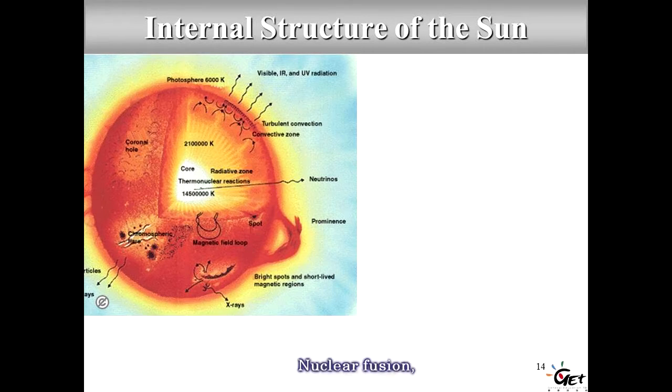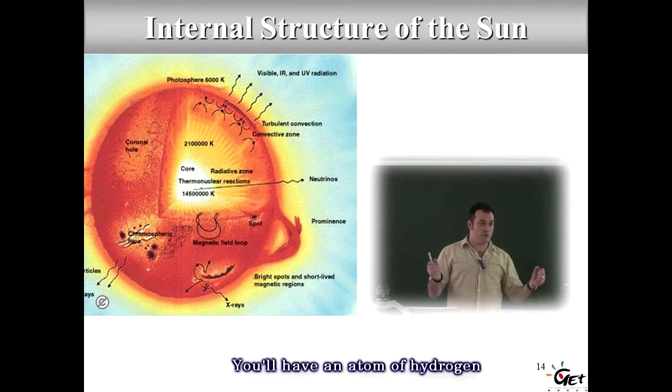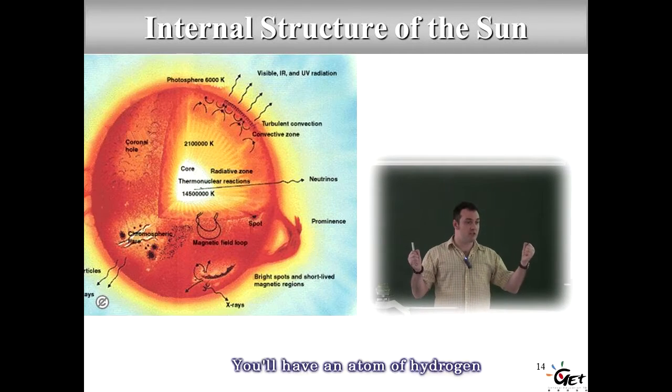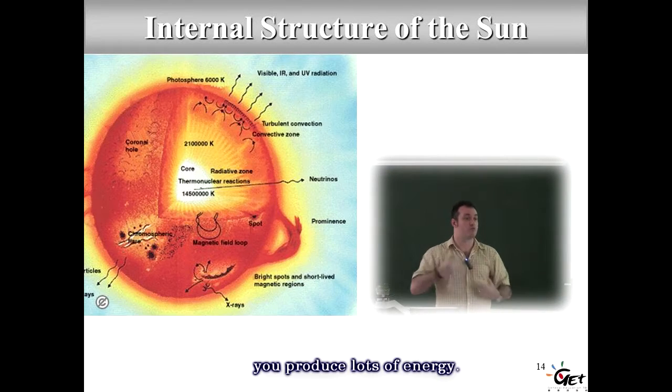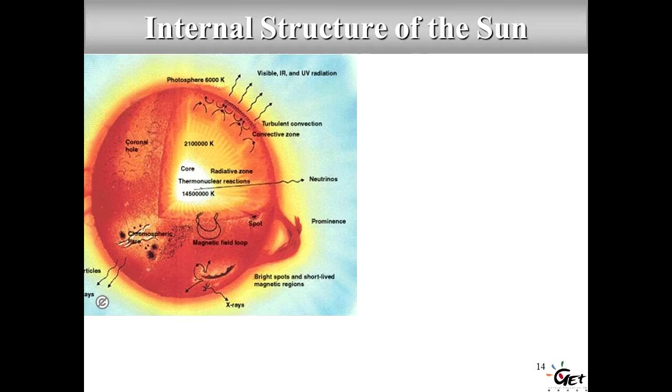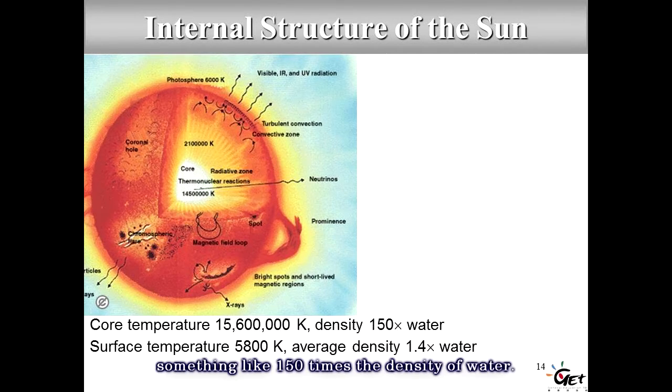The nuclear fusion, what's happening, I will explain to you in a minute: atoms of hydrogen combine together to form atoms of helium. And when you do that, you produce lots of energy. So it's very hot, the temperature is something like 15 million degrees Kelvin, and the density something like 150 times the density of water.